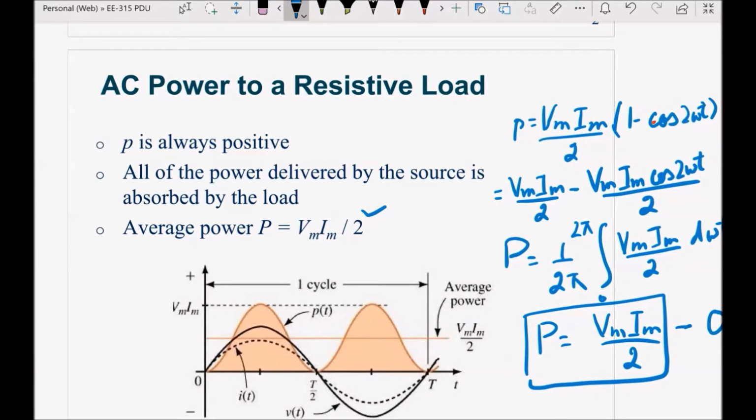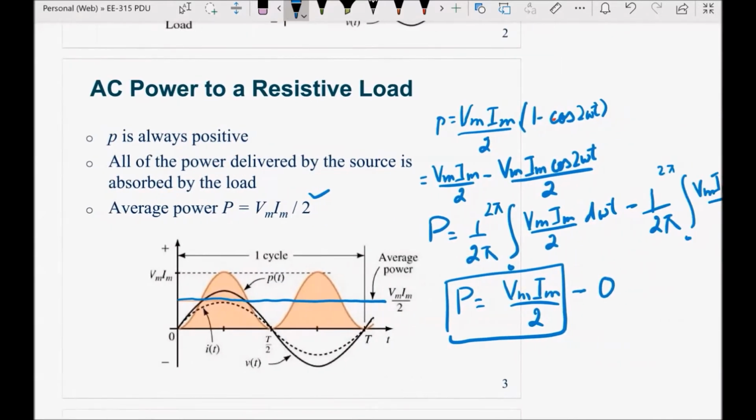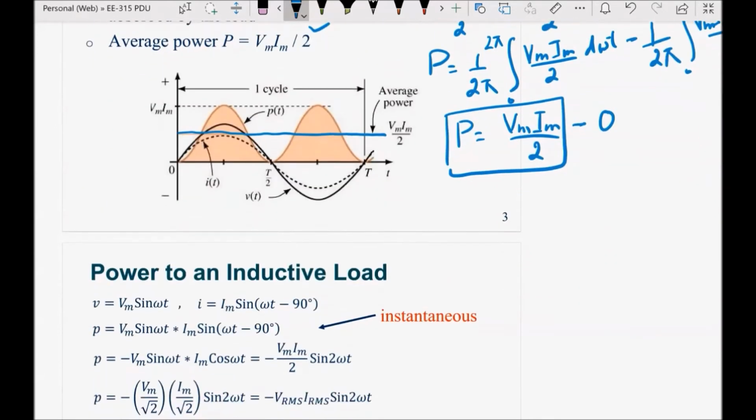Now if we look at the plot and see the power curve, the average power stays constant throughout the cycle. Now we understand the concept of instantaneous and average power for a resistive load.